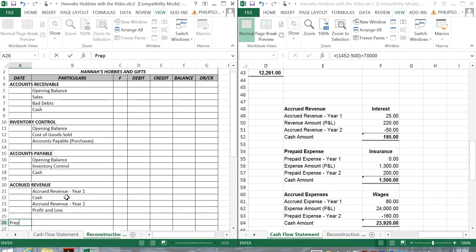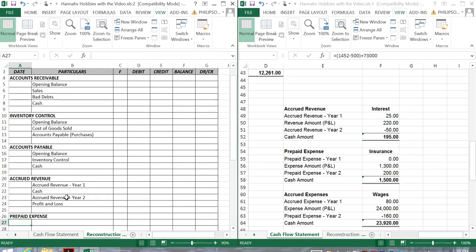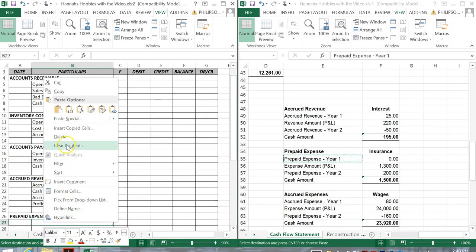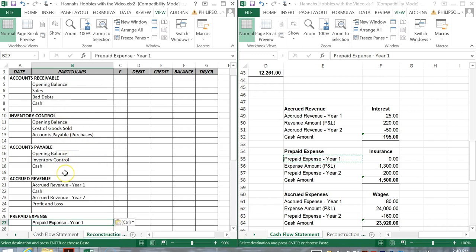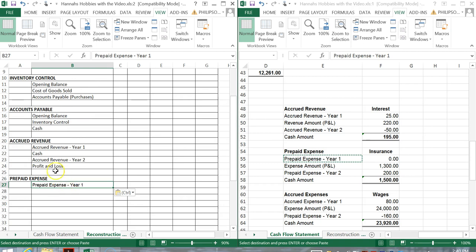Accrued revenue, prepaid expense, make that bold, prepaid expense year 1. Again, you might want to cut down on a bit of typing. You might go prepaid expense year 1.